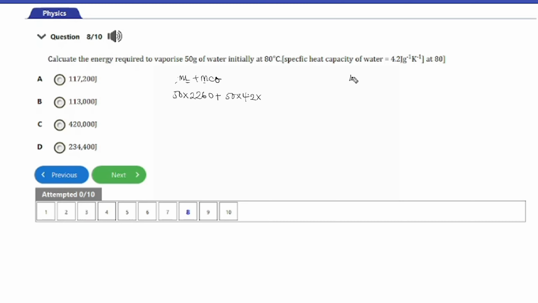So let's notice that at vaporization, we have 100 degrees Celsius. So 100 minus 80, that will be 20 degrees Celsius. So this will be multiplied by 20 degrees Celsius. So when we find the product of this and add together, we should have 117,200 joules. So that's it for this question. So let's go ahead and consider the next question, guys.